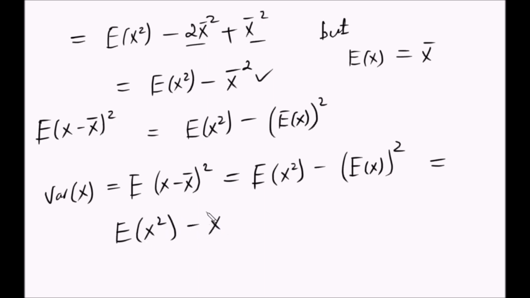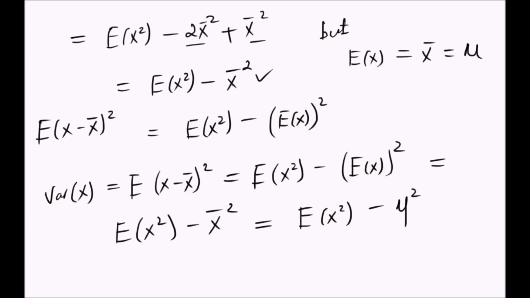Au hii x bar saa nyingine watu wanatumia mu kuiwakilisha, mu. So unaweza pia ukaandika like this minus hivi mu squared. Yeah, I think hizo ndo essential. So variance of x definition yake ndo hiyo. So that's the definition of variance of x.